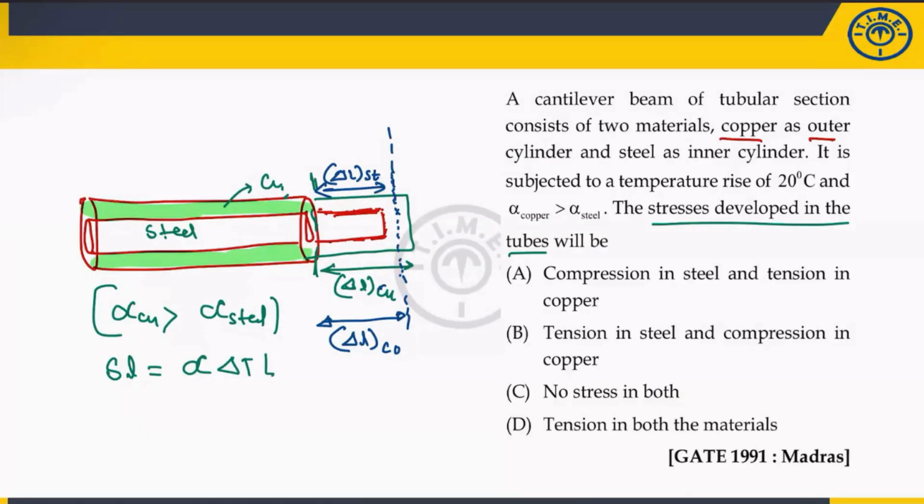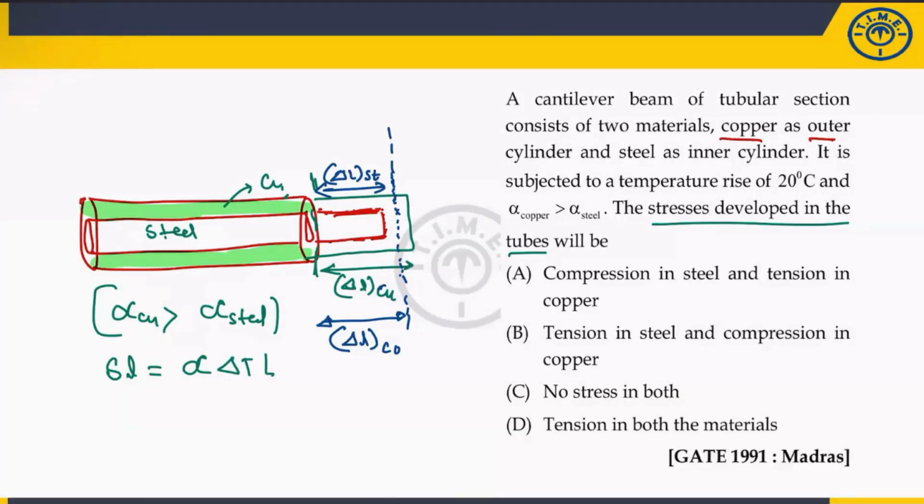So how will you get the same distance? Once you understand this part, the problem is solved. How will you reach here? Once you apply the compressive force or compressive stress, or when you increase the tensile load, you will reach here, no? Whenever there is a composite bar or parallel combination, one will be in compression and another will be in tension.